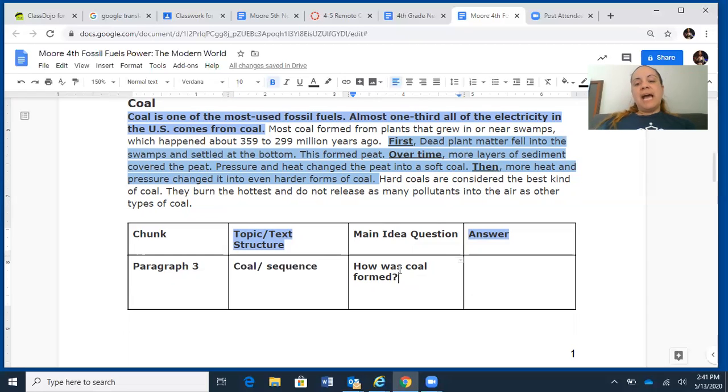So the question is, how was coal formed? So our answer, we're not gonna write all of this. So we have to put it in our own words. So coal was formed from, let's say, dead plants that had pressure and heat that changed it into coal.